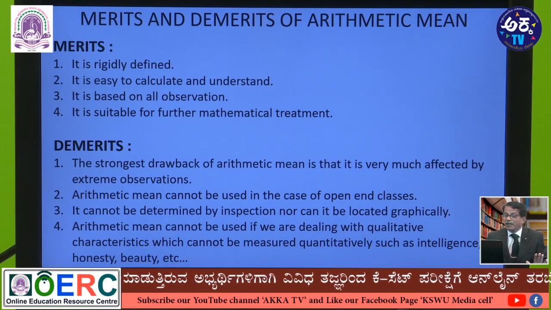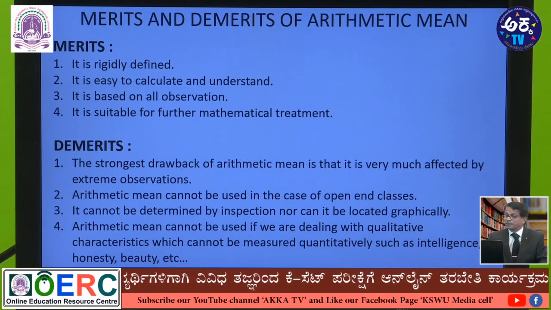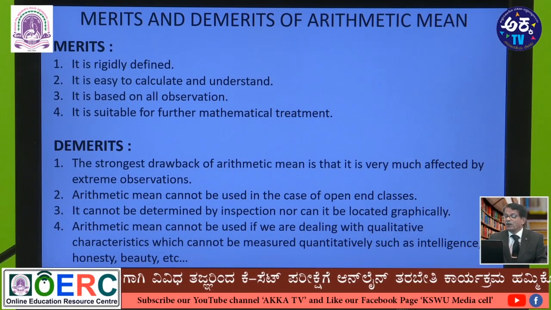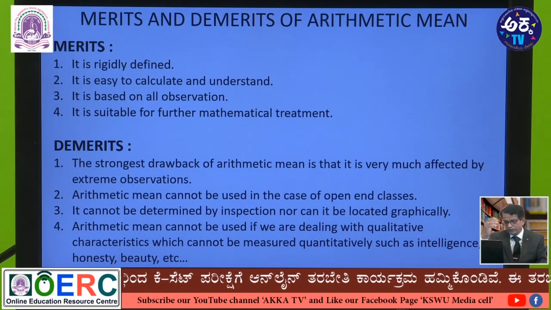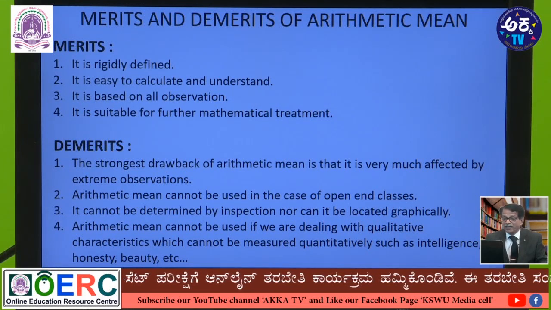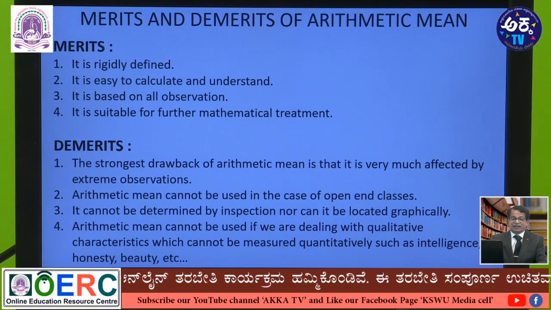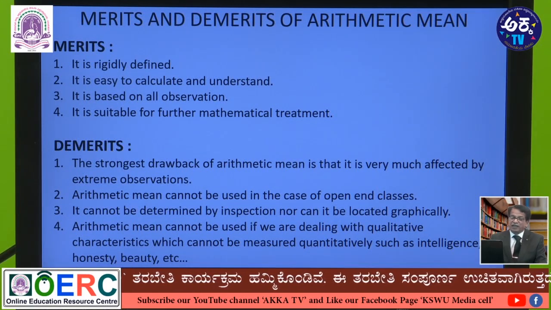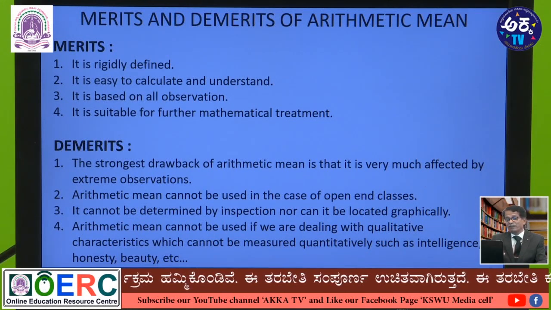Another demerit of the arithmetic mean is that it can't be determined by inspection, nor can it be located graphically like we do in case of median and mode, which we will be discussing later. Arithmetic mean cannot be used if we are dealing with qualitative characteristics. As I told you in the beginning, arithmetic mean is applicable only to data which are measured on some metric scale.